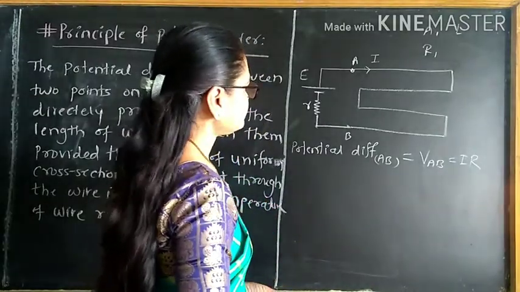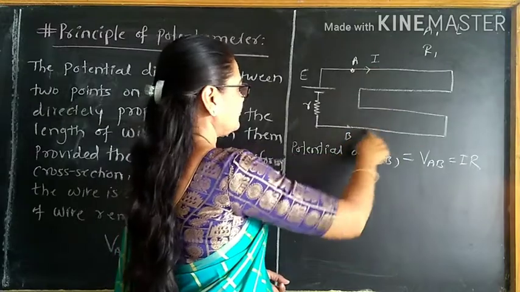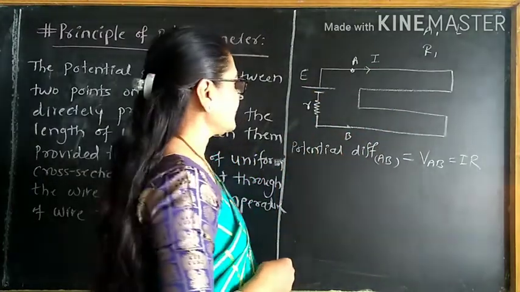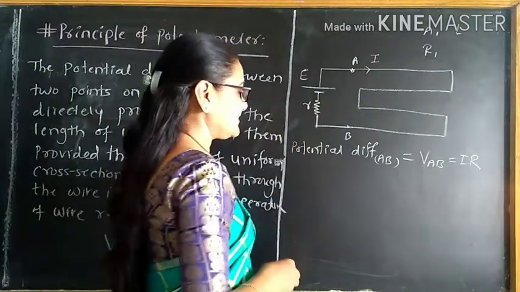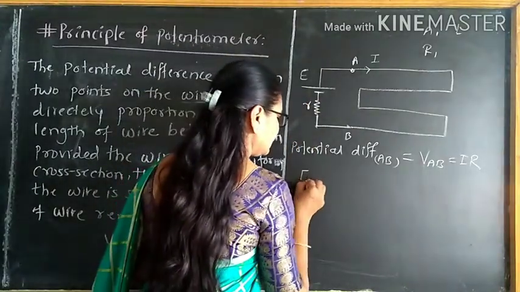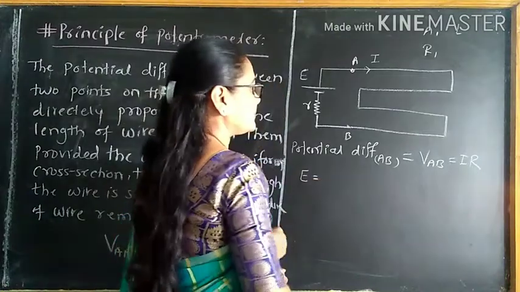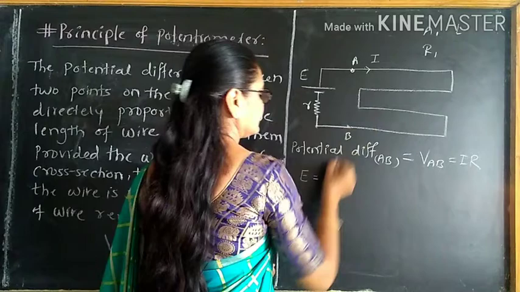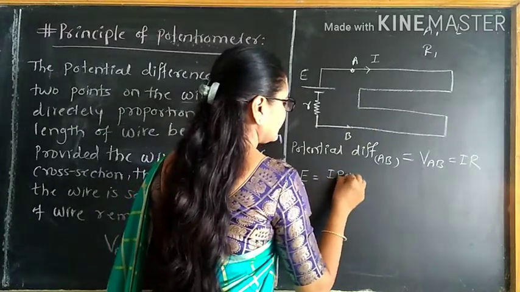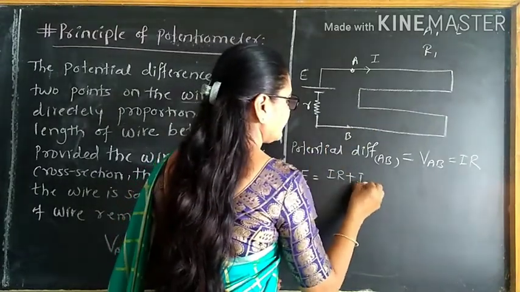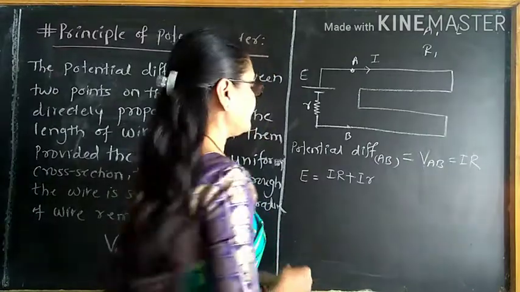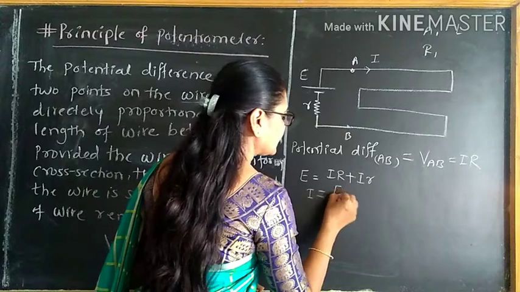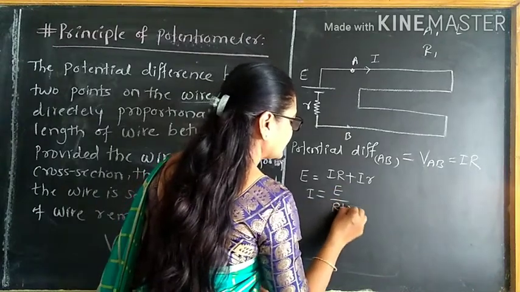Now, the same current will be flowing through this source of electricity, and therefore this EMF E is equal to Ir plus IR. Therefore, current is equal to E upon R plus r.